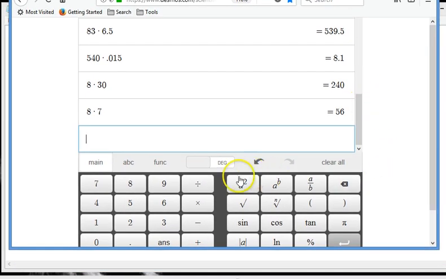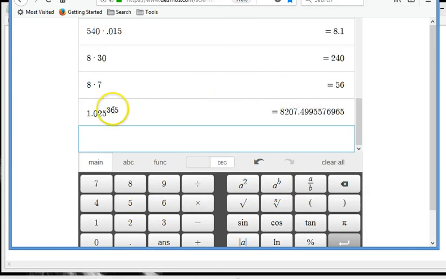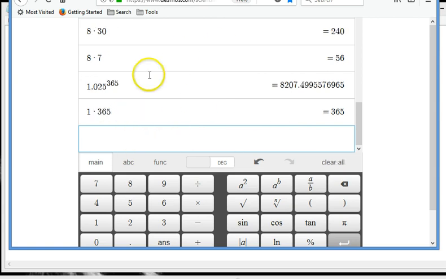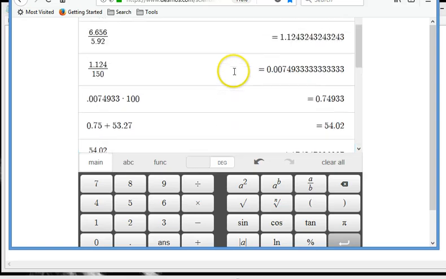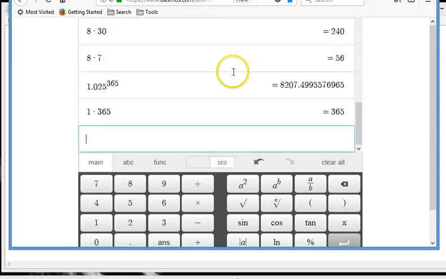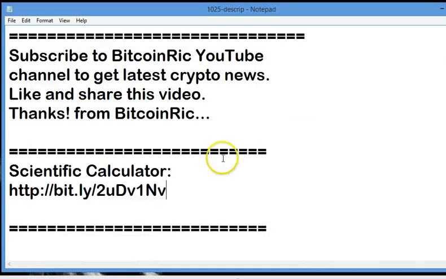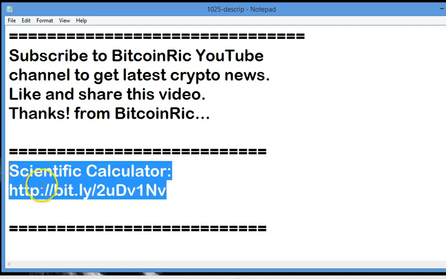I like this because after you do the calculations here, you are able to see the results lined up here. The previous calculation I did just lines up here, and then you have another calculation. It's easy because you can follow the history of your calculations. And that link is right here.